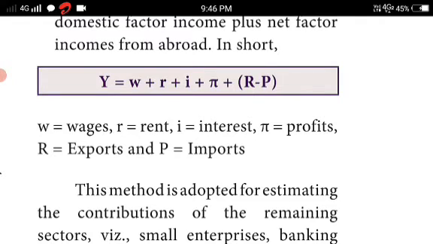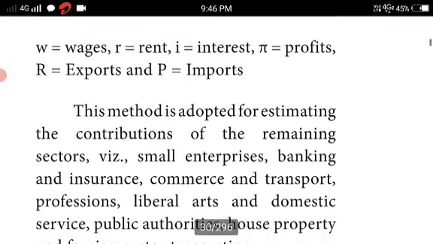We know that R means received, P means paid. But here they insist R is export and P is import. Yes, true. Like export and import, there is received and paid also acting, no? That's why they say here.